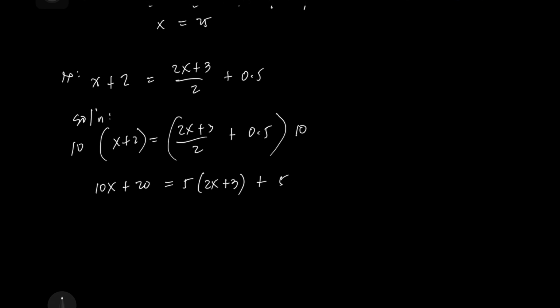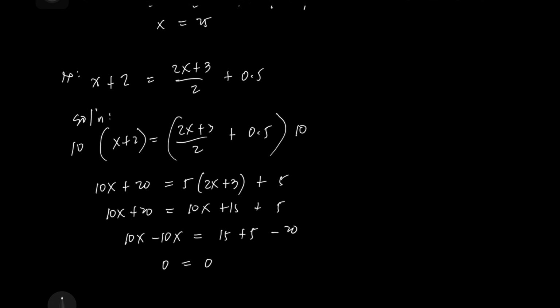By eliminating the decimal, we also have eliminated the denominator because it happened that 10 is divisible by 2. So we can simplify: 10x + 20 = 10x + 15 + 5. So this is 10x - 10x = 15 + 5 - 20.